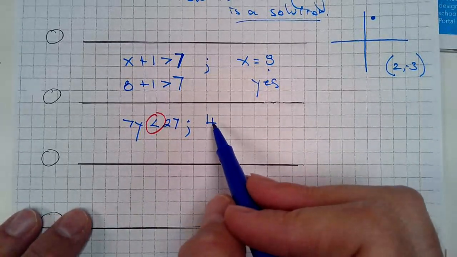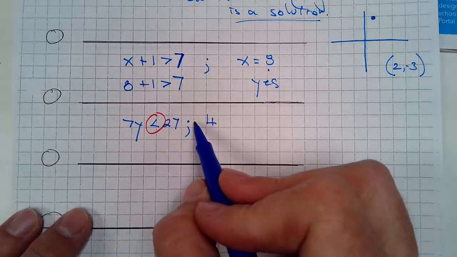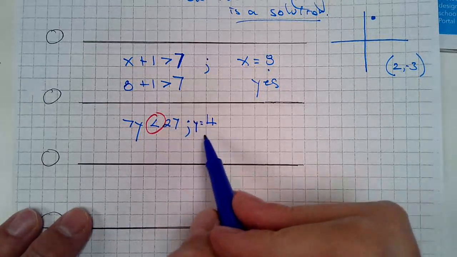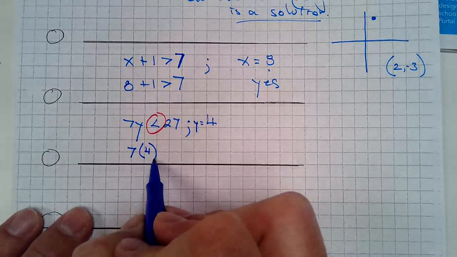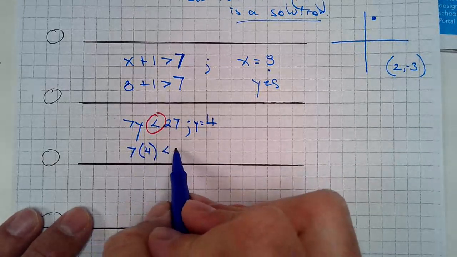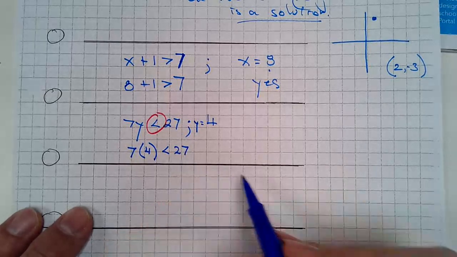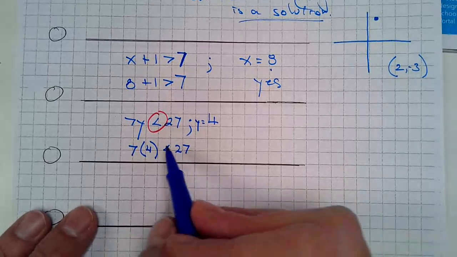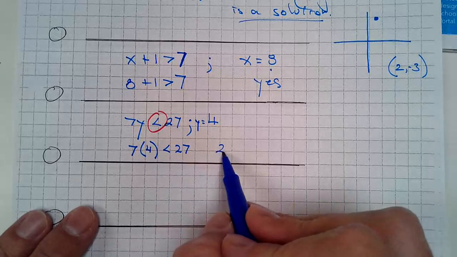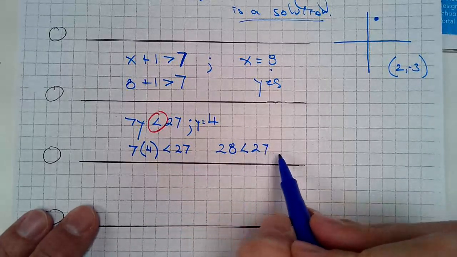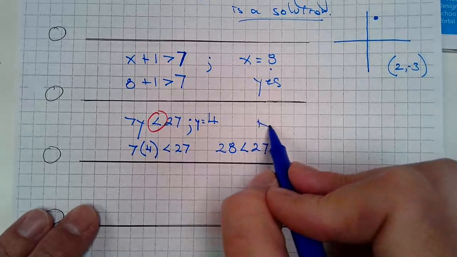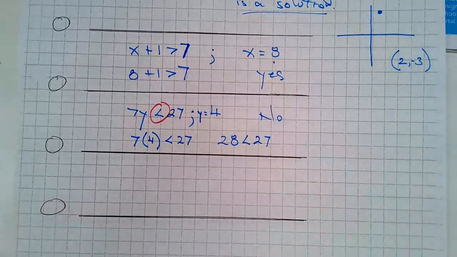It says y equals 4, so I'll plug it in. 7 times 4 is less than 27. Of course, it would help to know your times table. 7 times 4 is 28. Is 28 less than 27? No. So the answer is no, it's not a solution.